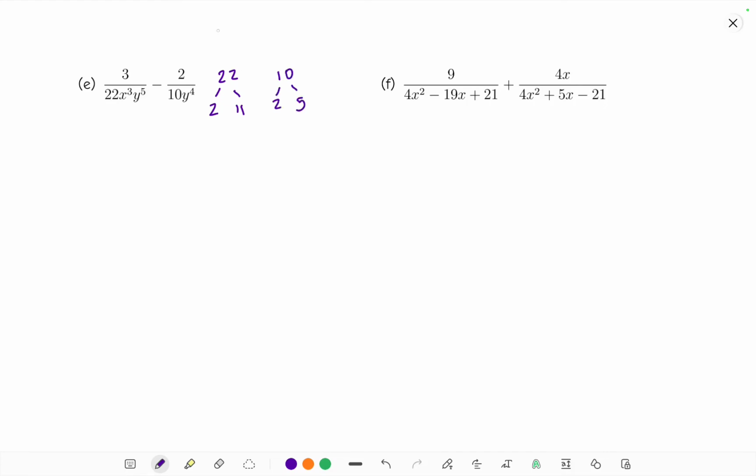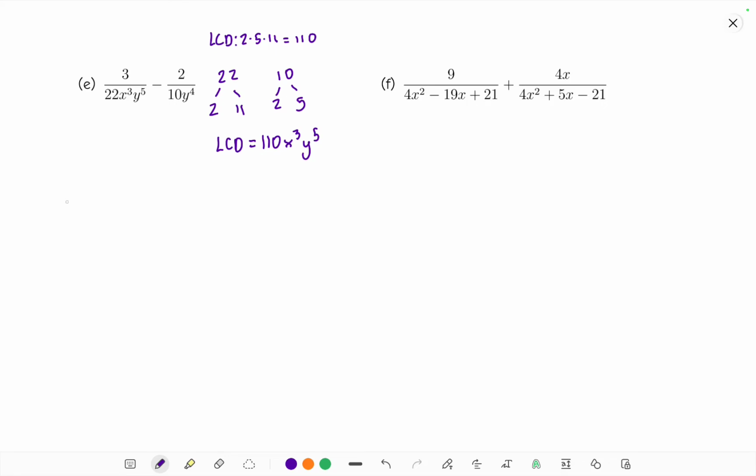So the LCD between these two numbers, without the variables, would be 2 times 5 times 11, which is 110. With the variables, the LCD is 110x cubed y to the 5th.